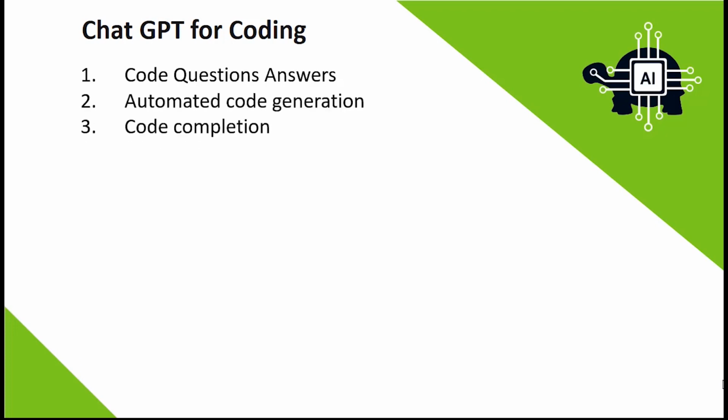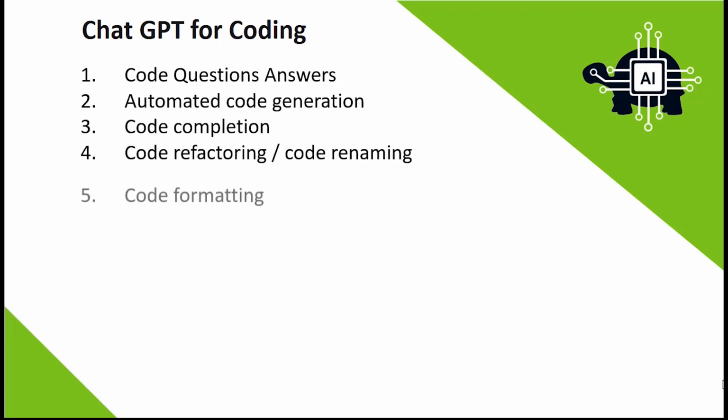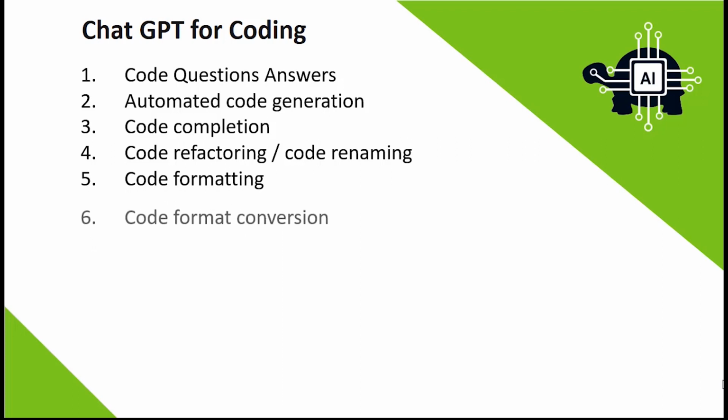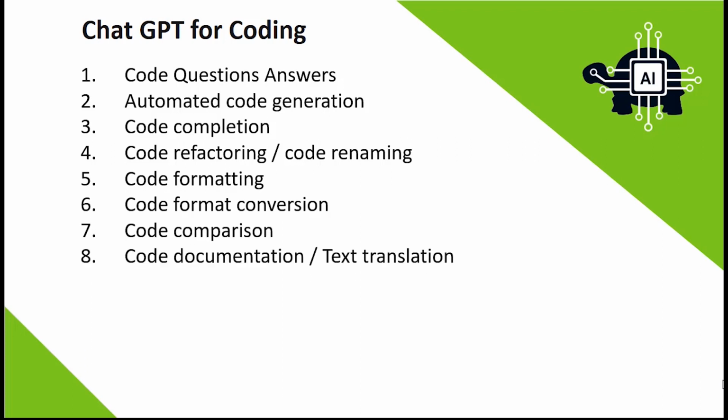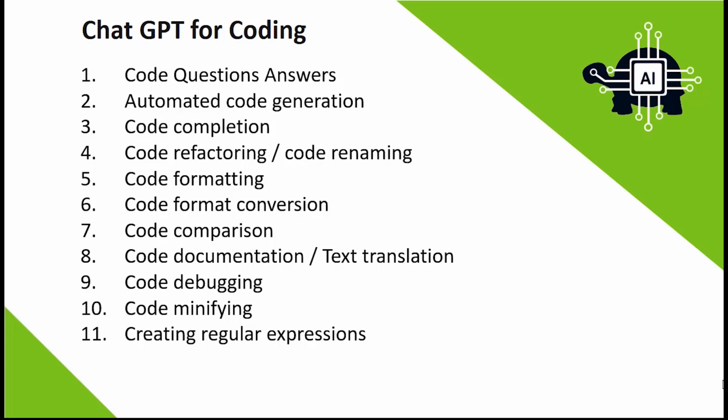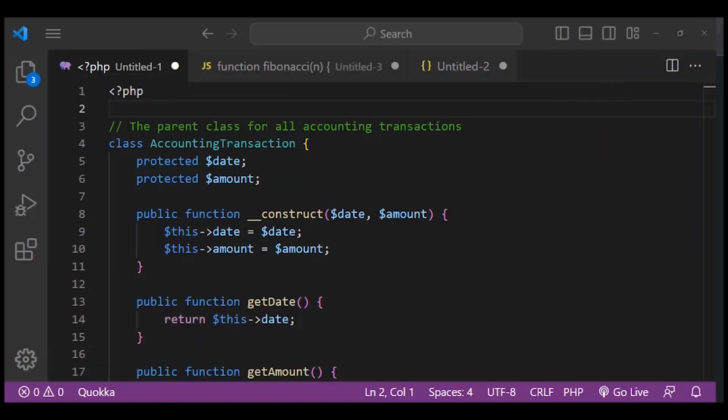Automated code generation, code completion, code refactoring, formatting code, format conversion, comparison, documentation, debugging, minifying, regular expressions, colors, gradients, and layouts generation for the HTML markup. Let me show you how to execute each of these tasks using ChatGPT.